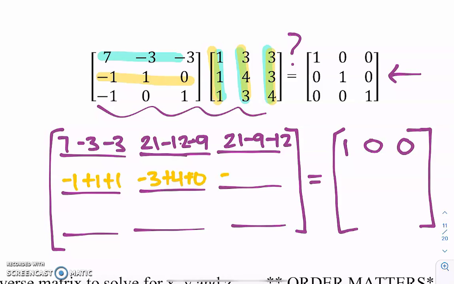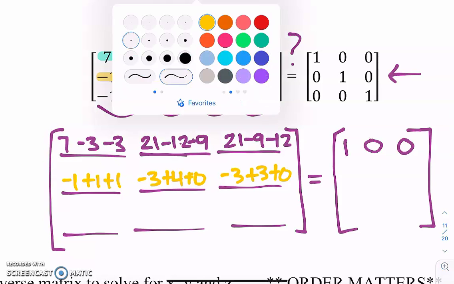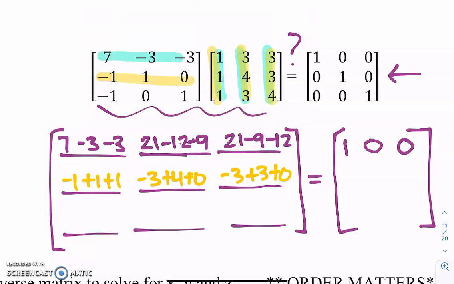Negative 1 times 3, 1 times 3, 0 times 4. So what do we got here? Negative 1 plus 1 is 0, plus 1 is 2, which should not be, so let me check my math. Oh, this guy should be 0 right here. There we go. And then negative 3 plus 4 is 1. Negative 3 plus 3 is 0.